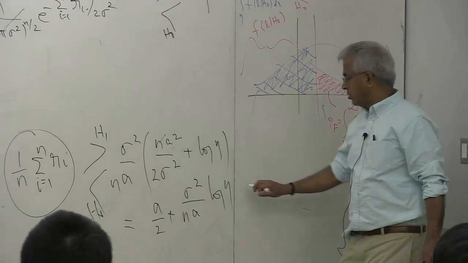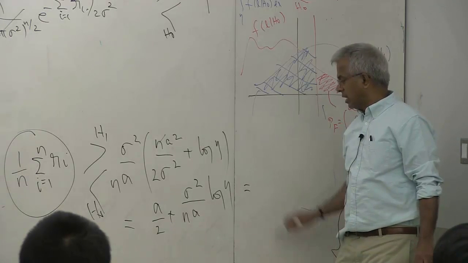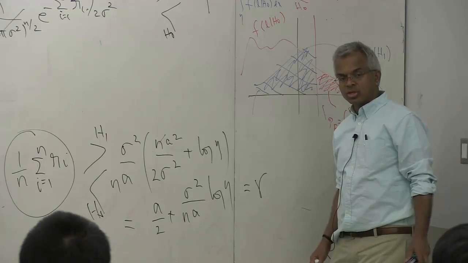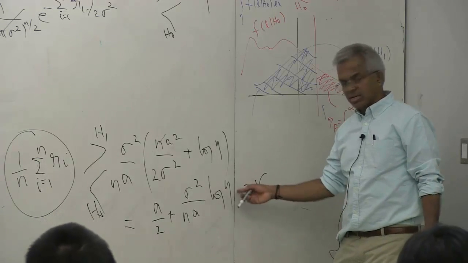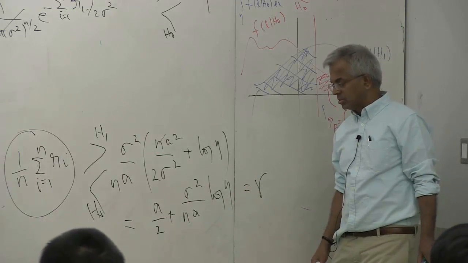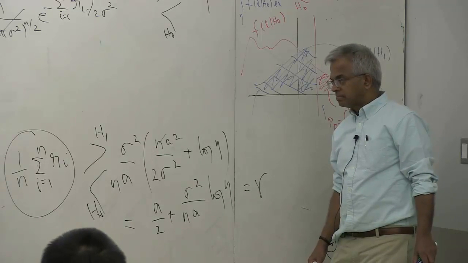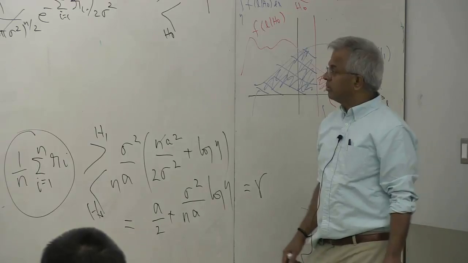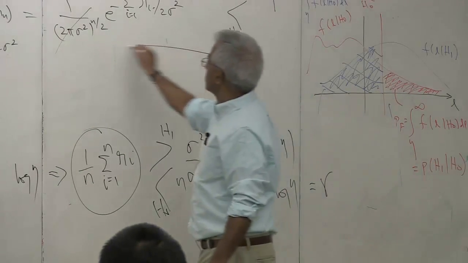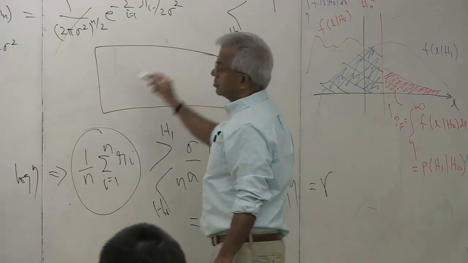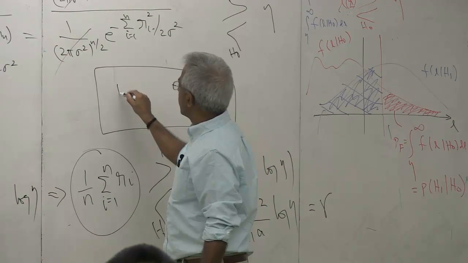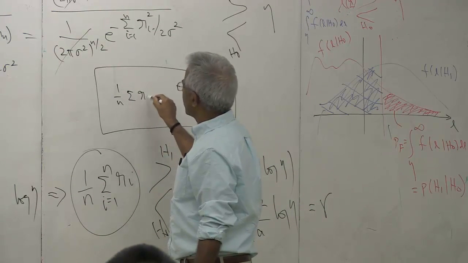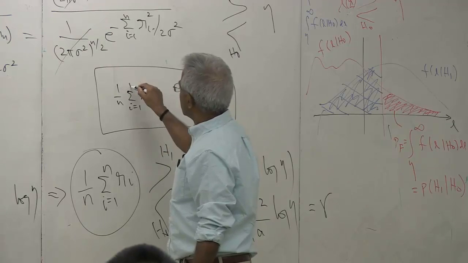If you want, you can call this gamma, a new threshold. It's a constant. Look at the right side, everything is a constant. Now look at the left side. So the test now reads 1 over n sum; 1 over n is not necessary.